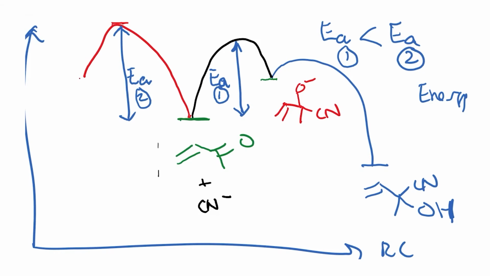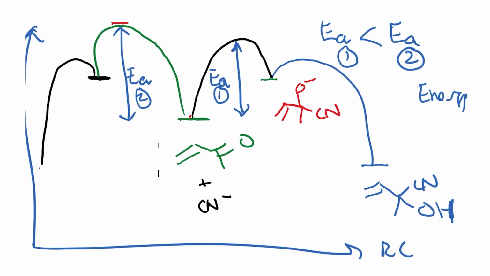Now this is the product that is going to be produced, so that is going to be formed, and so here is the, let me just erase this part so that I'll draw it a little bit better. Okay, now this is the conjugate addition product, and then this is going to subsequently pick up a proton and give you the product.